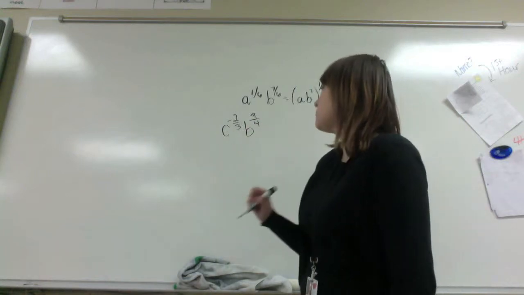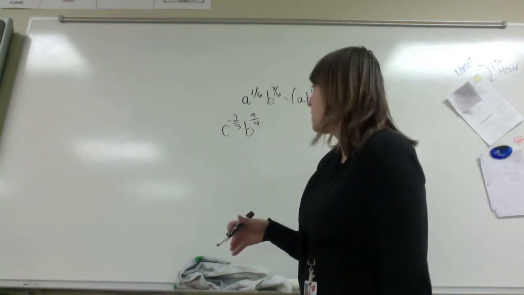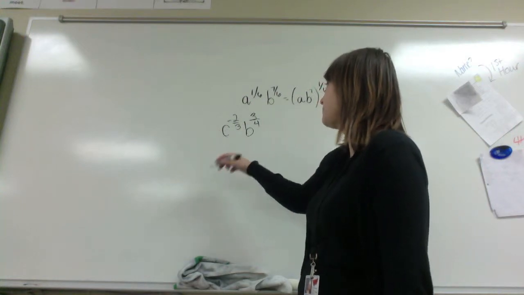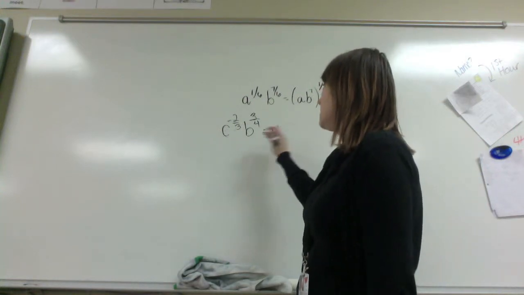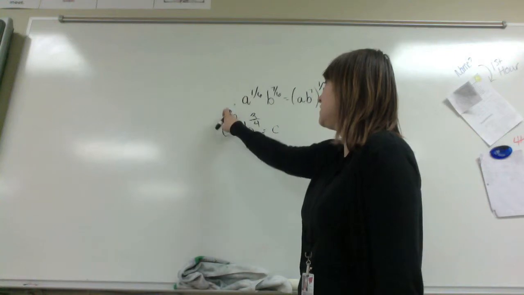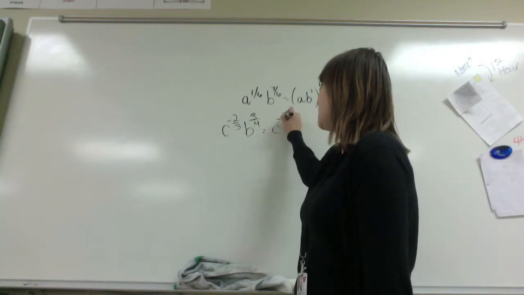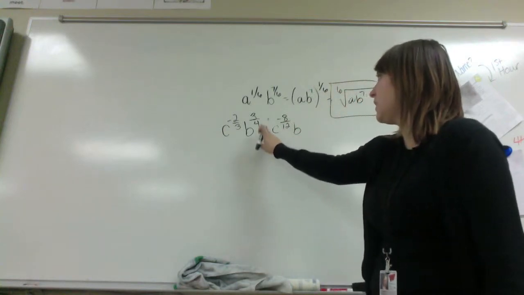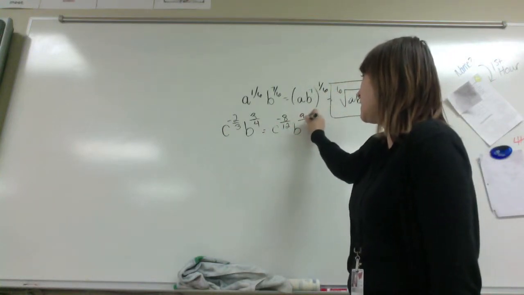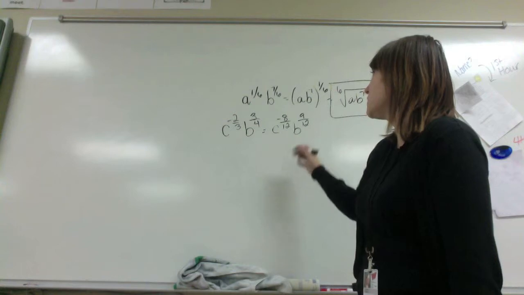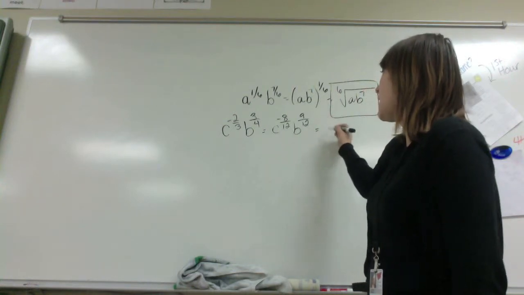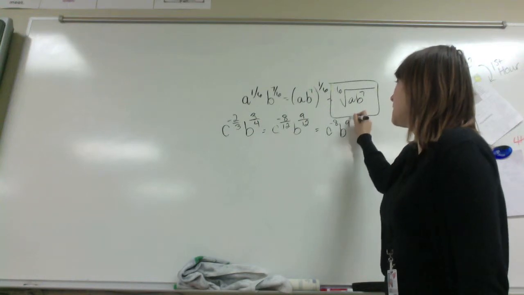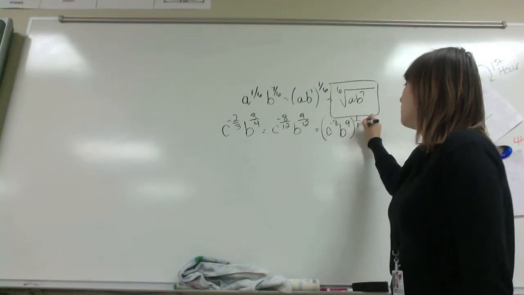So between 3 and 4, I know that 12 would be my common denominator, so I'm going to change each of these so that there's something out of 12. So to get here, I had to multiply by 4, so this would be negative 8 out of 12. And then for b, I'd have to multiply by 3, so that would be 9 out of 12. So I can rewrite this as c to the negative 8, b to the 9, to the 1 over 12.